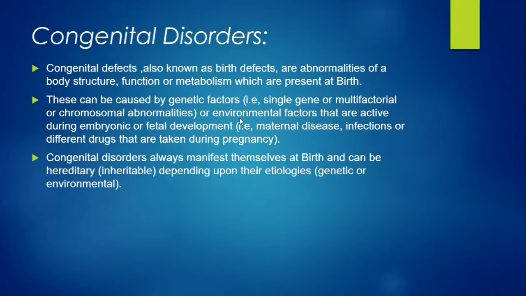If they have a genetic factor, obviously, if they are sex linked or autosomal, then they can be inherited from the parents to their offsprings. But if they are due to environmental factors, then they are not inheritable. So basically the major difference between the congenital and the genetic disorder is that the congenital disorders are present at birth and they manifest themselves, and the genetic disorders might not manifest themselves at birth and can also show symptoms later in life.